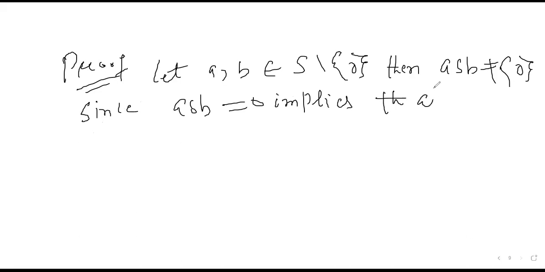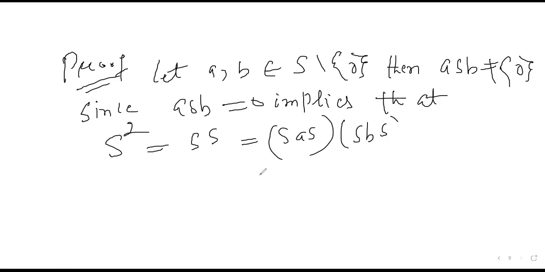S squared, which is SS. Now by 0-simplicity, S is equal to SAS. Again by 0-simplicity, S equals SBS. Then you can write it as SASBS. If this is 0, then this is going to be 0.